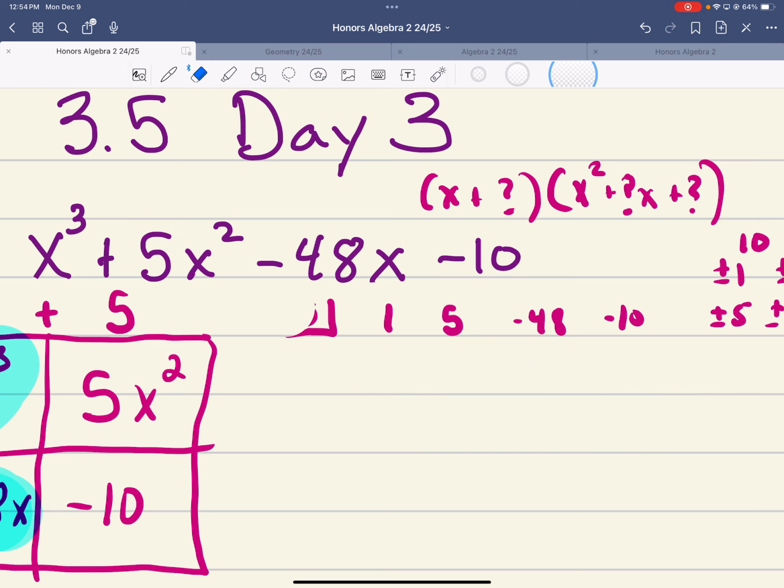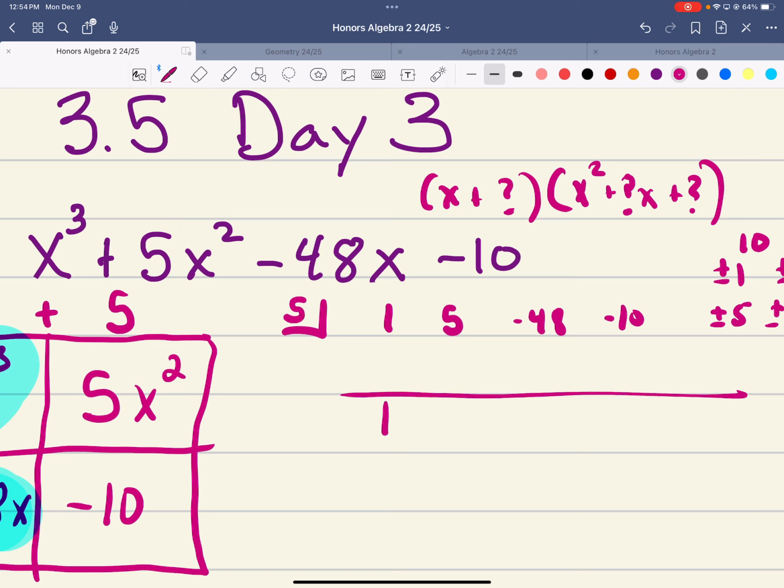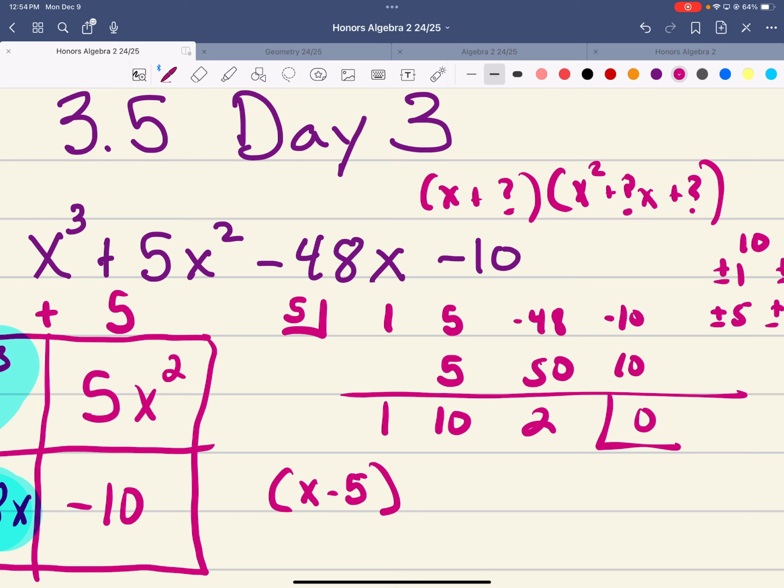So instead of trying negative 5, let's try 5. Bring down a 1, 5, 10, 50, 2, 10, 0. So positive 5 worked. My factor is going to be x minus 5.